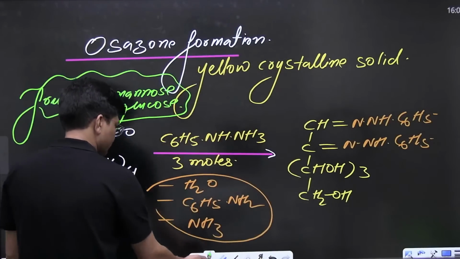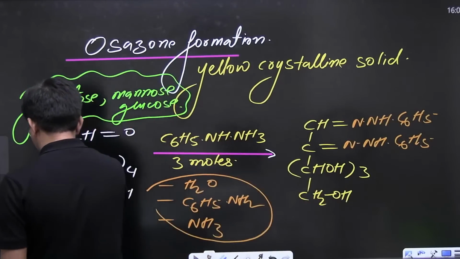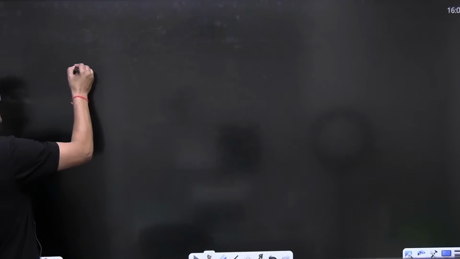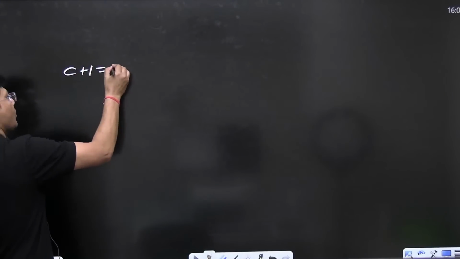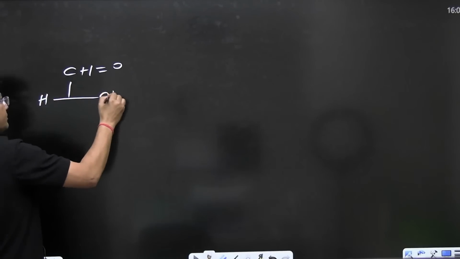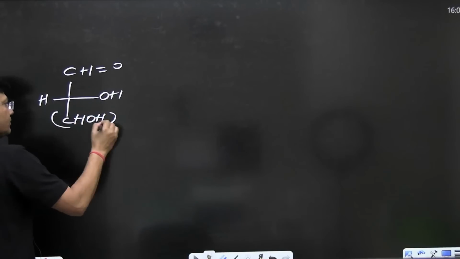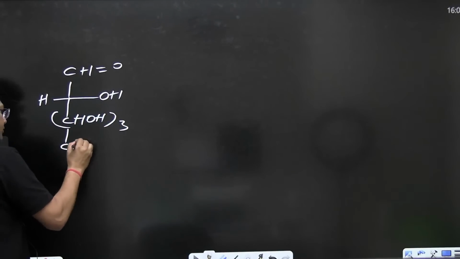See the mechanism, everyone. See why these three compounds are going to form the same compound. CH double bond O, CHOH, CHOH whole thrice, CH2OH.